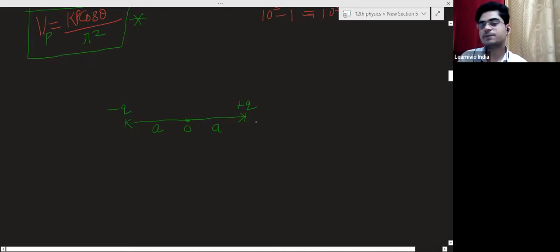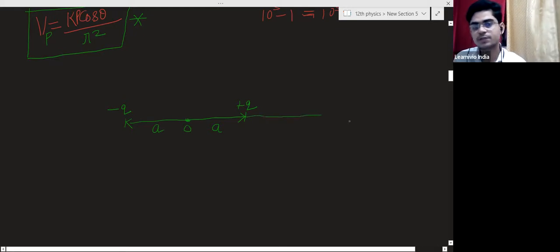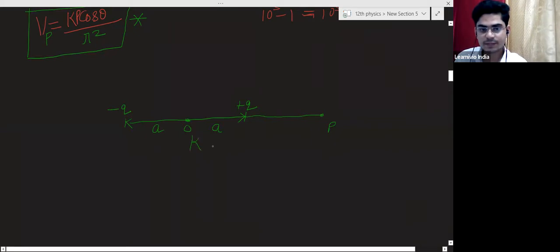What if someone says, I want to calculate the potential on the axis of this dipole, somewhere here, at a distance of r from it?